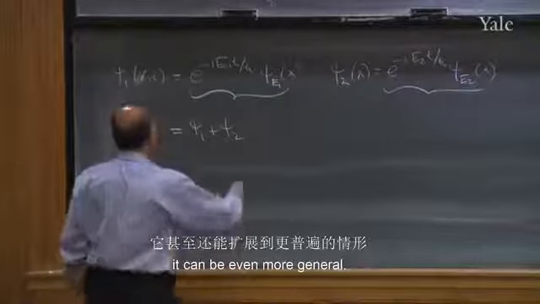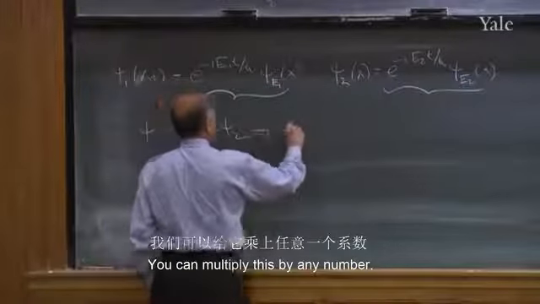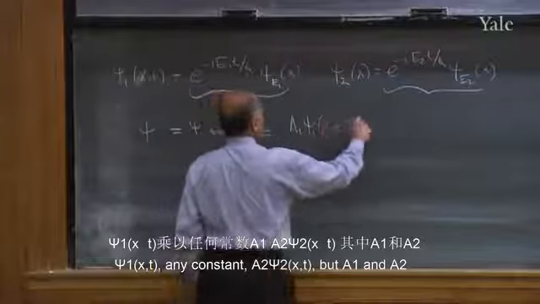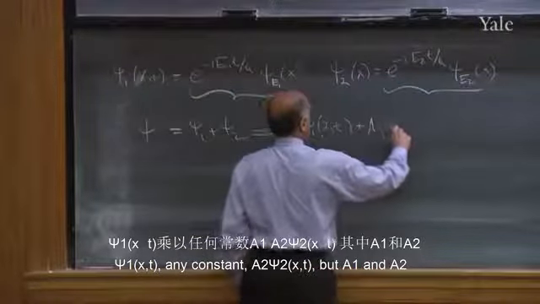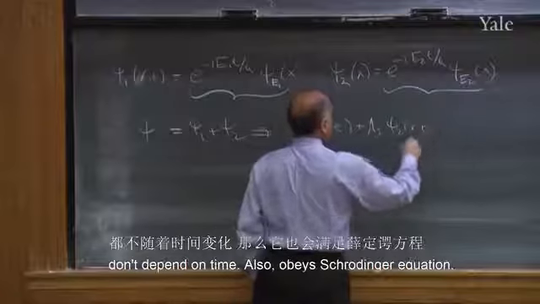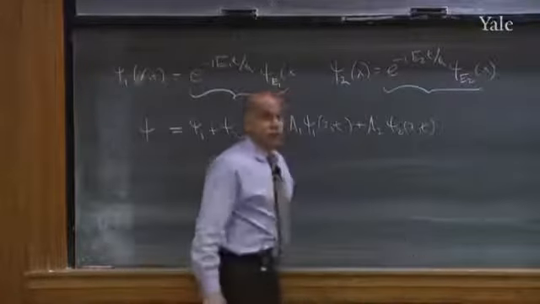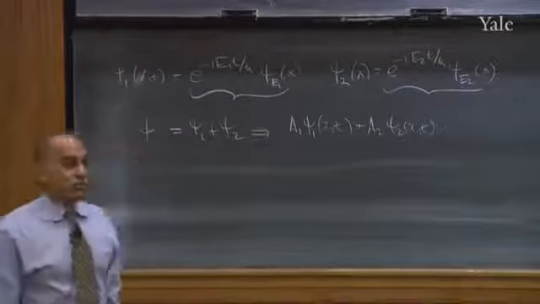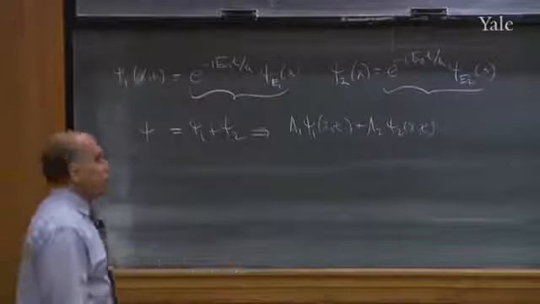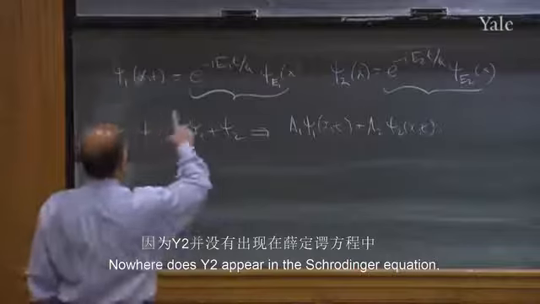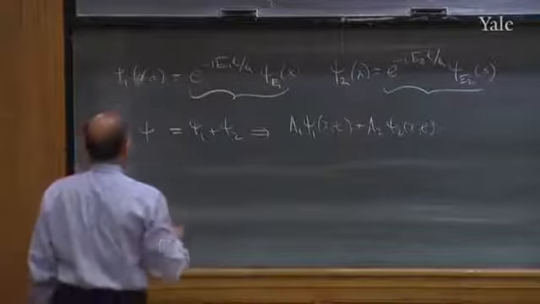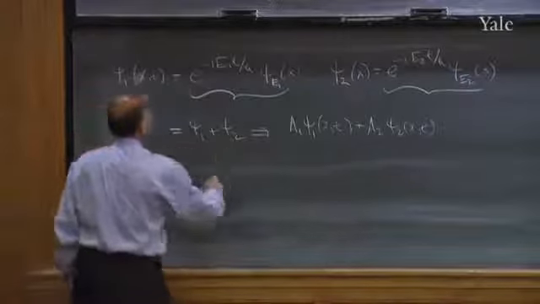Not only that, it can be even more general. You can multiply this by any constant, a1 psi 1 of x and t plus a2 psi 2 of x and t, where a1 and a2 don't depend on time, and it will also obey the Schrodinger equation. Can you see that? That's superposition of solutions. It's a property of linear equations. Nowhere does psi square appear in the Schrodinger equation, therefore you can add solutions. But take a solution of this form.